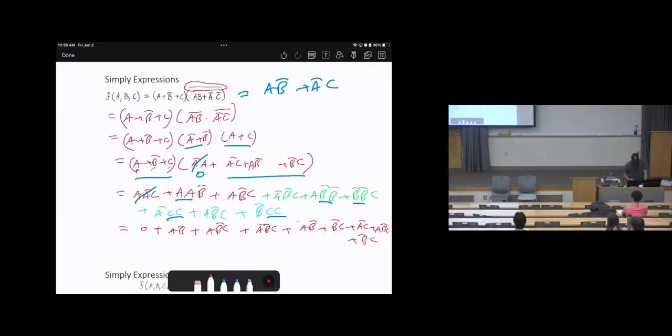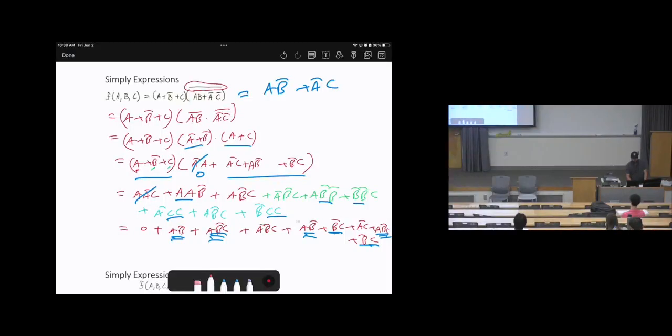Okay? Now we can see some common factors, like here is B bar C, B bar C. And this term is 0. Then we have this term AB bar, AB bar. What else? We have A, B bar, C bar, this is the same.